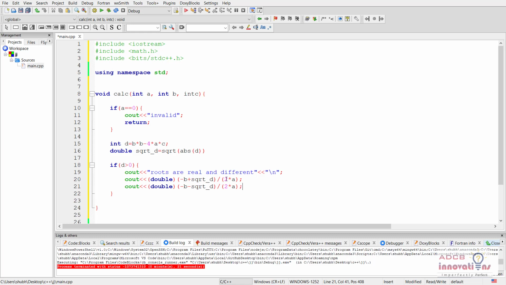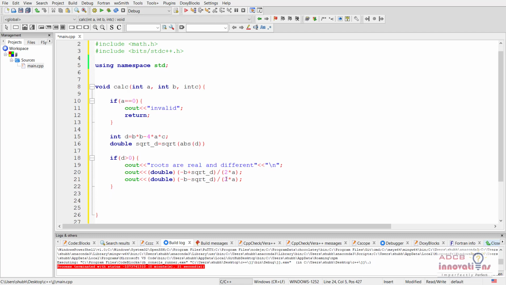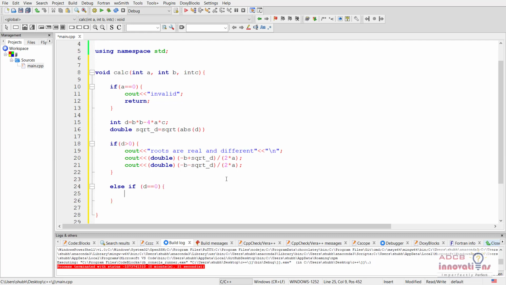So for the second case, we are going to use else if, let's say d is equal to 0. So here the roots are going to be the same. So cout we are going to print roots are same.